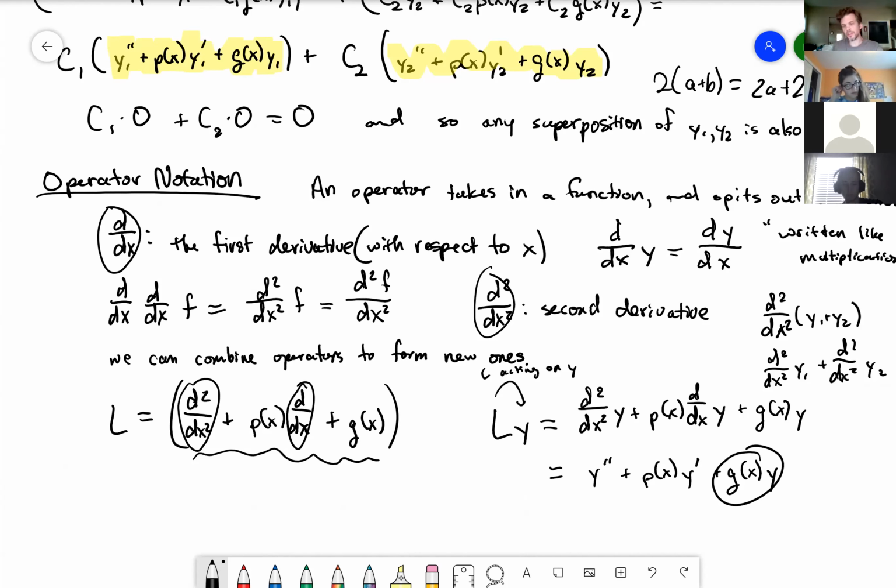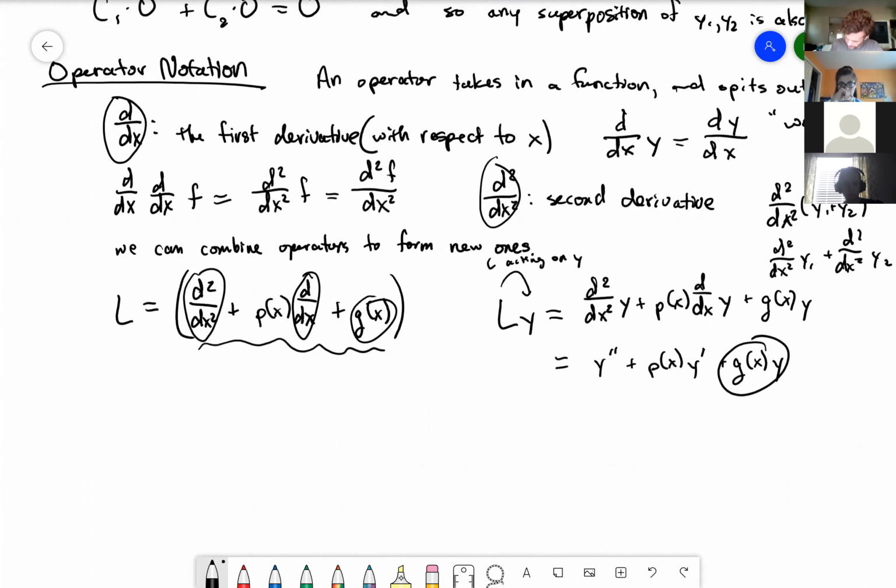So as long as we form this thing by doing multiplication by functions just in terms of x, and we do addition, then we have this linearity property preserved. And so what we get is that L of, let's say, y1 plus y2, this operator applied to the sum of those two functions, is equal to Ly1 plus Ly2, simply because of the properties of all of the operators that we use to form it.